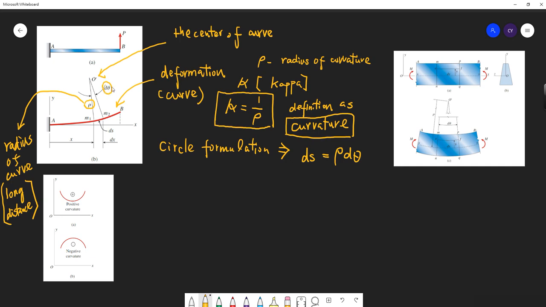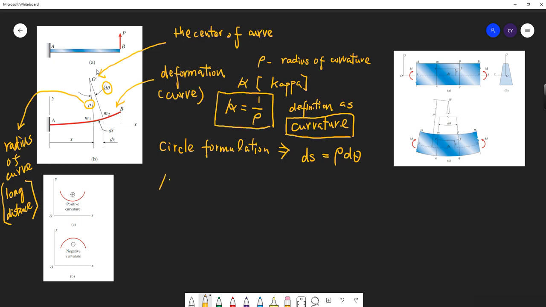So according to the circular formulation, the length of the curve is equal to the radius multiplied by the angle. So we get ds equal to rho d theta. This is the formulation of a circle.